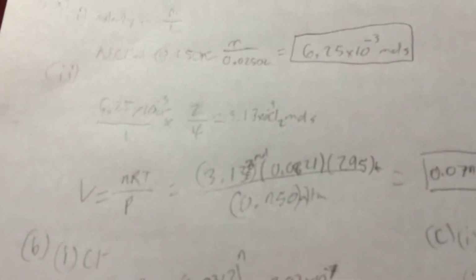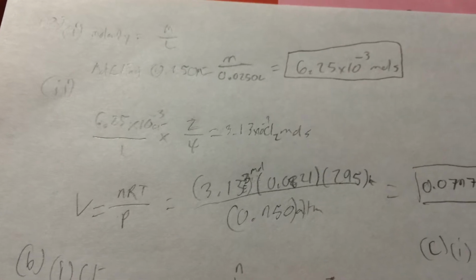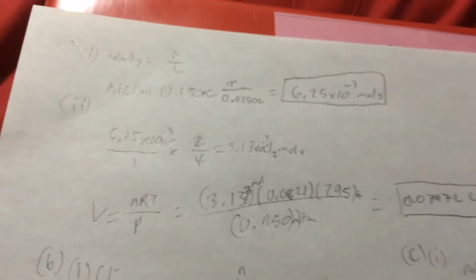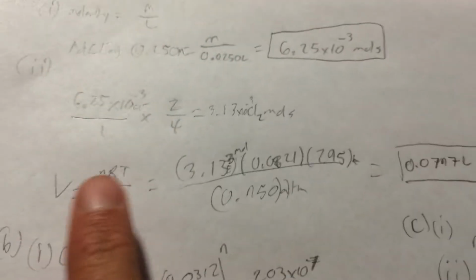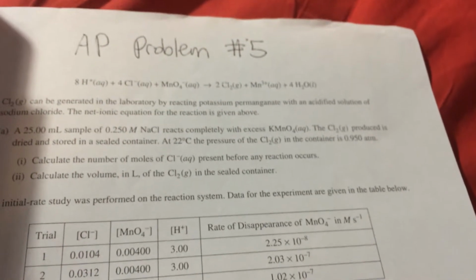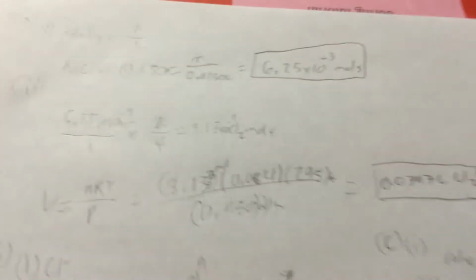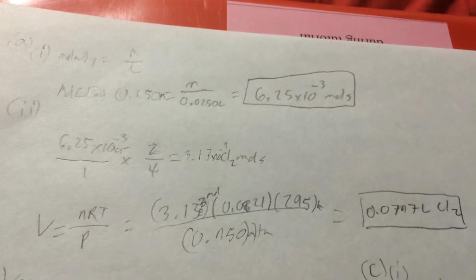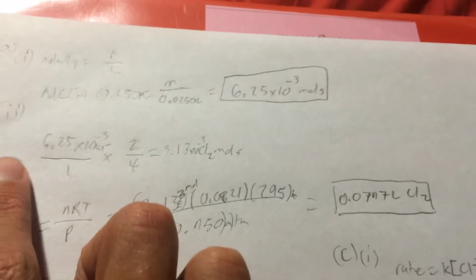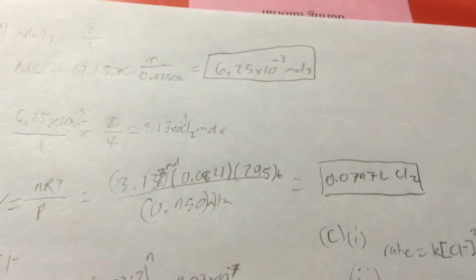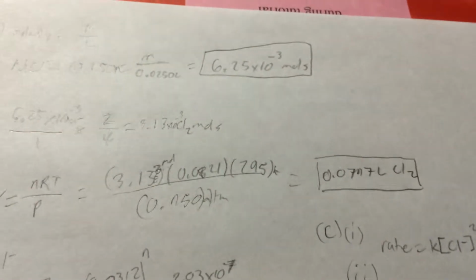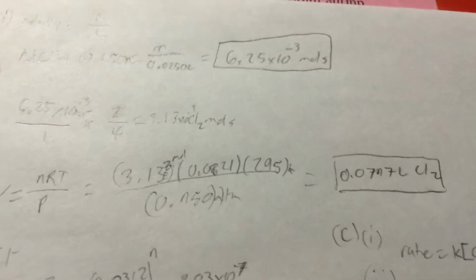So to do that, we just do some simple stoichiometry, and we start with the number of moles given of Cl⁻, which is what we did for part I, and we multiply it by the molar ratio, which is up in the question up there, and it's 4 Cl⁻ to 2 Cl2. So pretty much you're just dividing the moles of Cl⁻ by 2, which is what this fraction goes down to, and you get 3.13 times 10 to the negative 3 moles of Cl2.